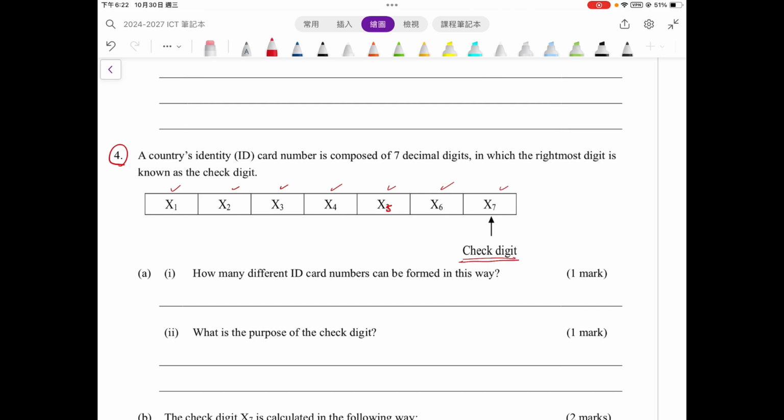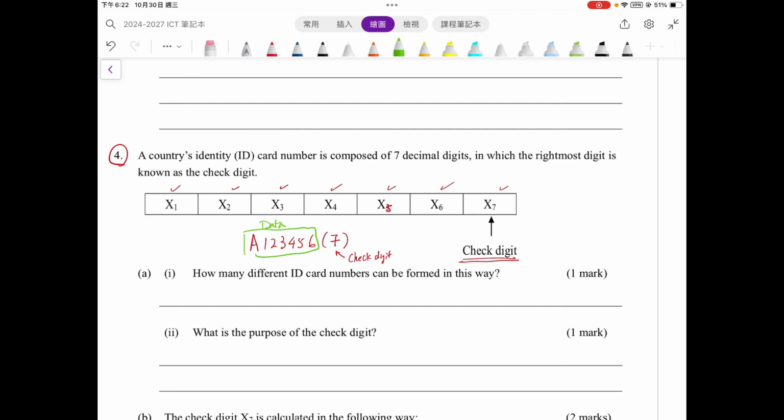For check digits, you can immediately think about the example of your Hong Kong ID card. For example, A123456, and then usually you have a bracket with a number, for example 7. So we call this the check digit. So let's revise what the check digit is. The check digit is added to the end of your data, so this part is called the data, in order to avoid errors coming from your input data.